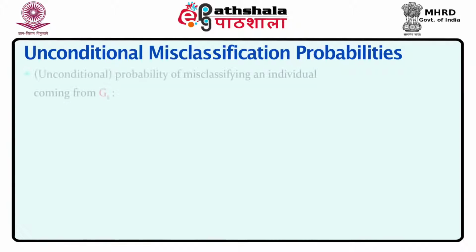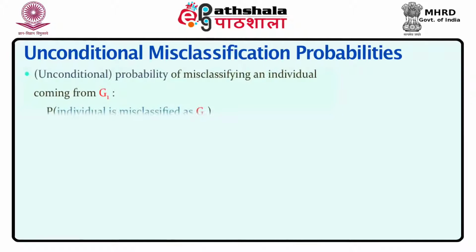To find the unconditional misclassification probabilities, the probability of misclassifying an individual coming from G1 is the probability of his lying in R2 given that he has come from G1, times the probability of his coming from G1.